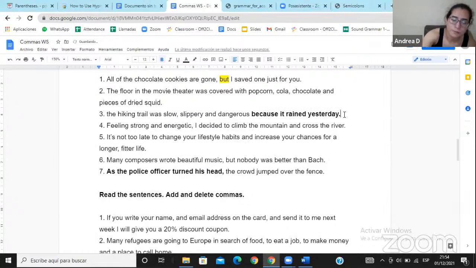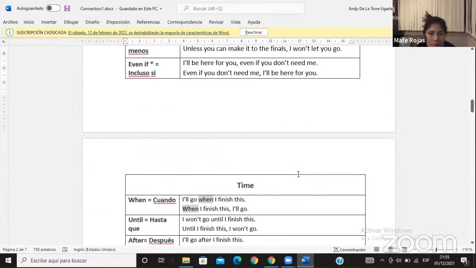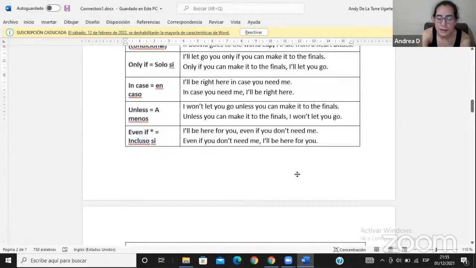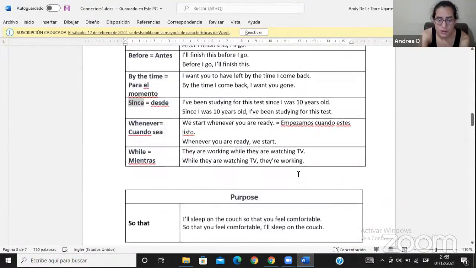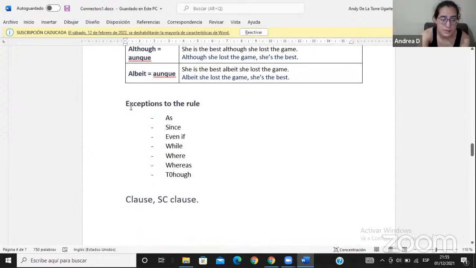No comma. The same here. That's it. There's nothing else to say. The thing about this is that there are a couple of exceptions. We're going to see what those are. So these are the exceptions.